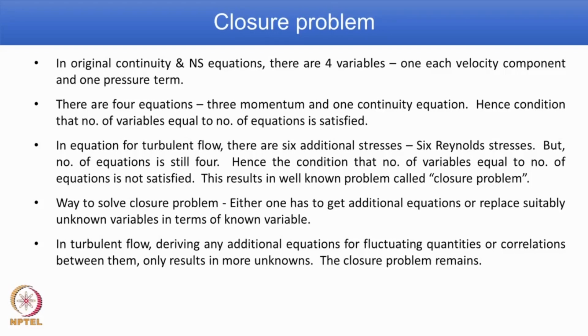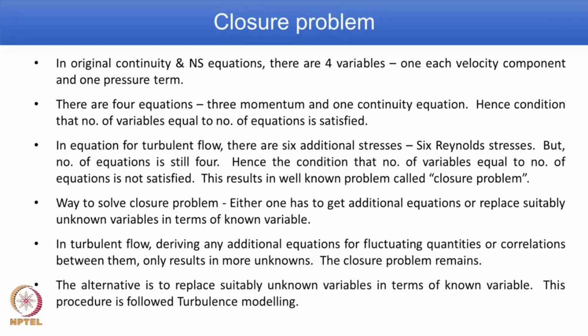Hence, the closure problem remains. In the next few slides, I am going to explain how this actually happens. So, the alternative is to replace suitably the unknown variables in terms of known variables, and this procedure is what is known as turbulence modeling.